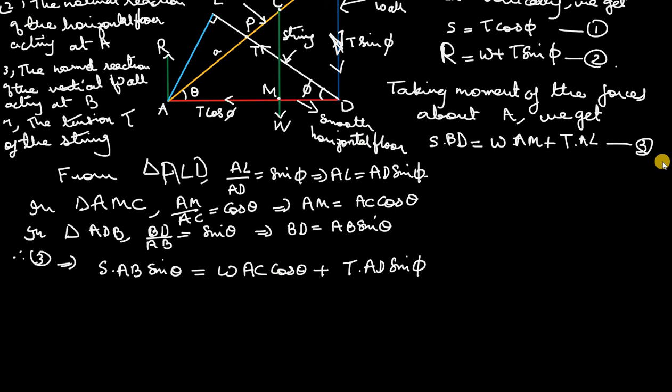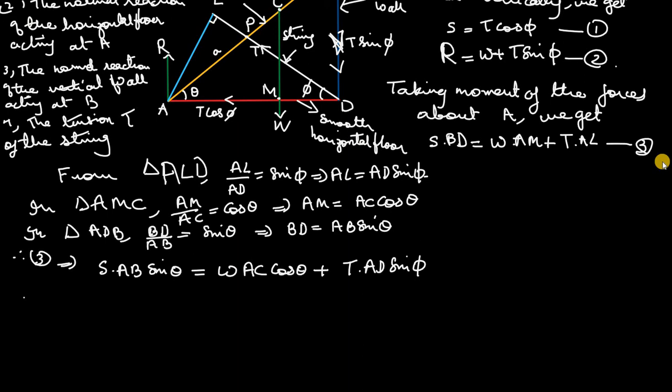Now what is S from equation 1? S is T cos phi. So you replace S by T cos phi. T will remain as it is, but I am going to find AD in terms of AB.